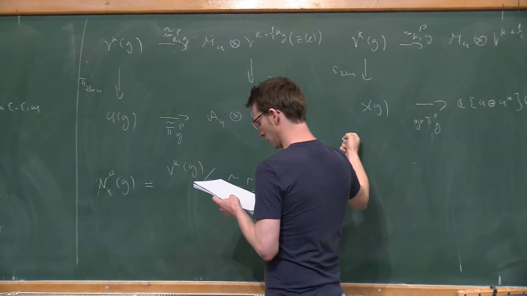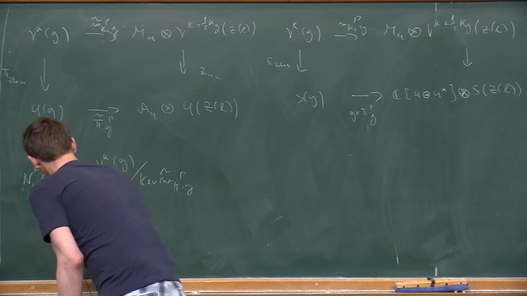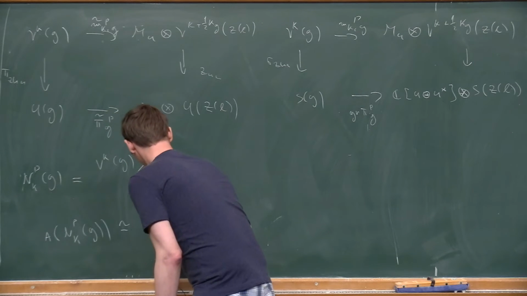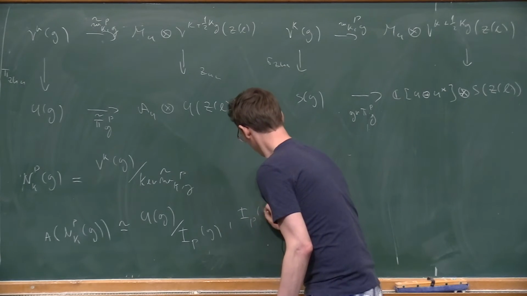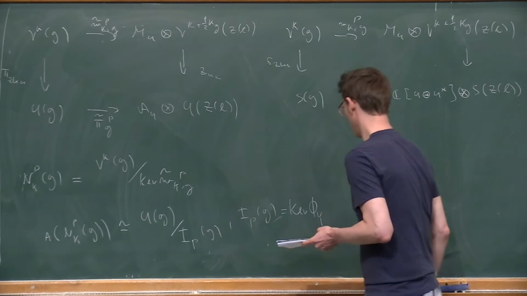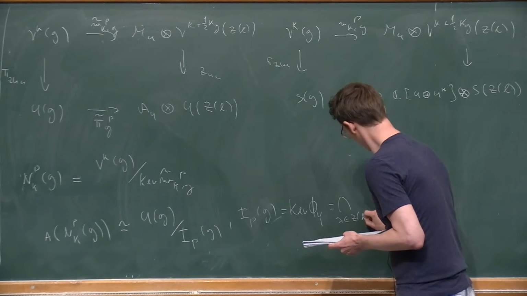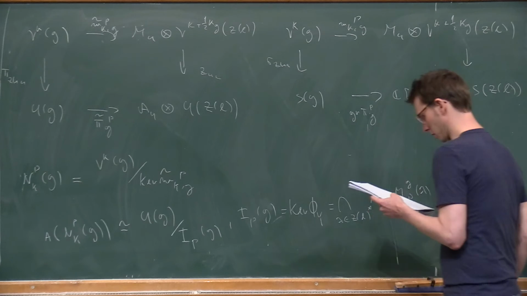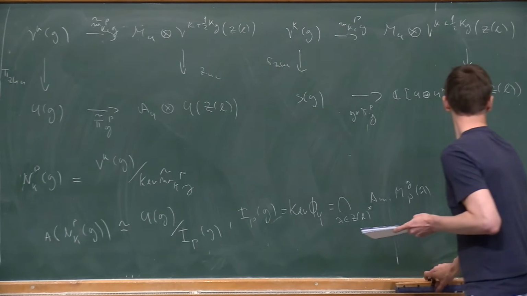From these two commutative diagrams, you immediately get that the Zhu algebra of this quotient is isomorphic to the universal enveloping algebra over some ideal, and this ideal is exactly the kernel of this mapping, which is the intersection of annihilators of generalized Verma modules. That's the first result.